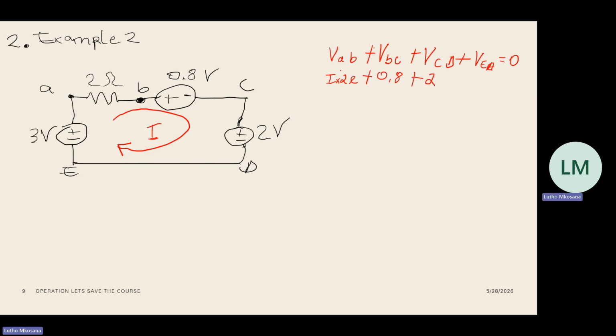If you look at it like so, the positives, these are positives because from negative to positive, but from negative to negative, that's where things change for VEA, which makes VEA negative 3 volts. Our current direction is in a clockwise direction.